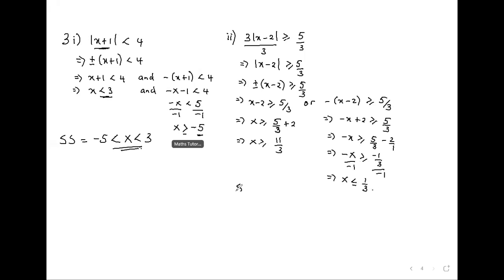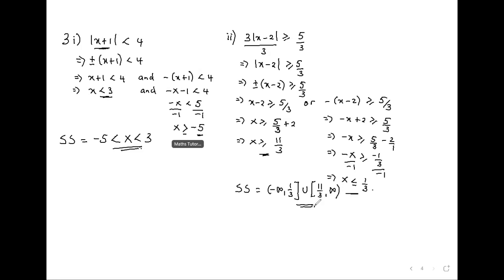So the solution set is going to be x less than, that is negative infinity up to 1 over 3, union, x greater, 11 over 3 up to positive infinity.